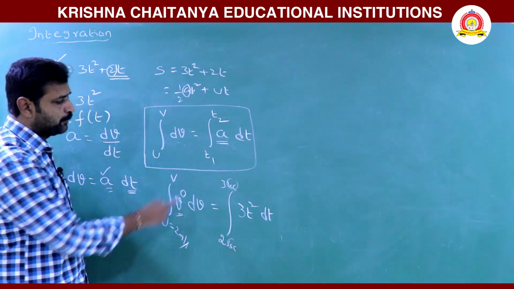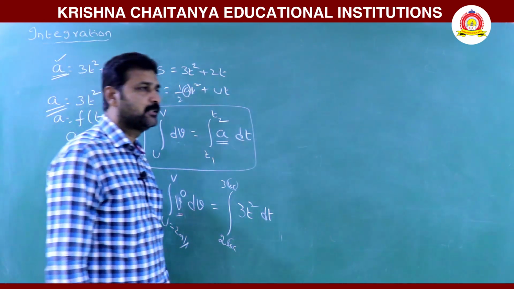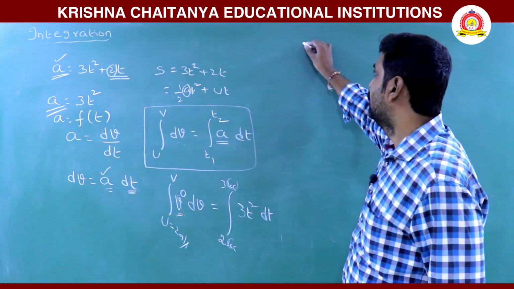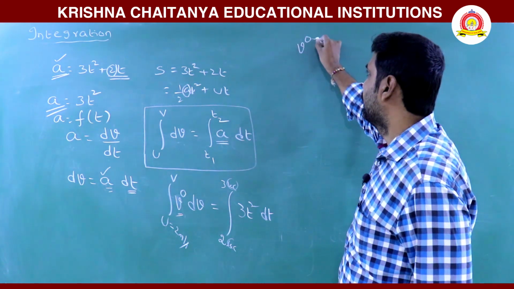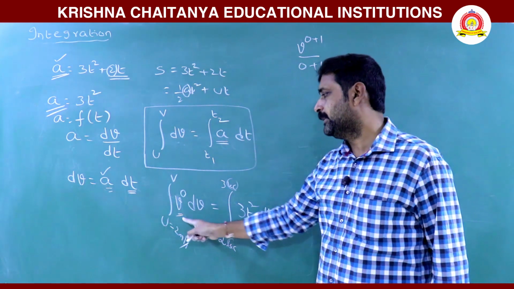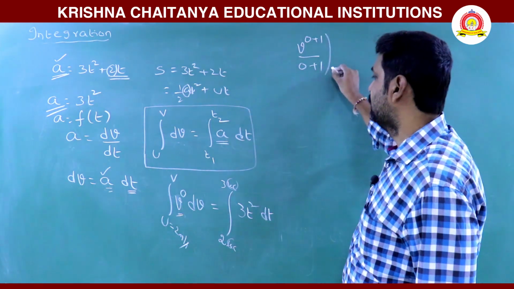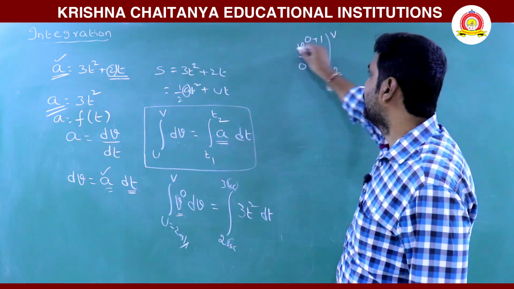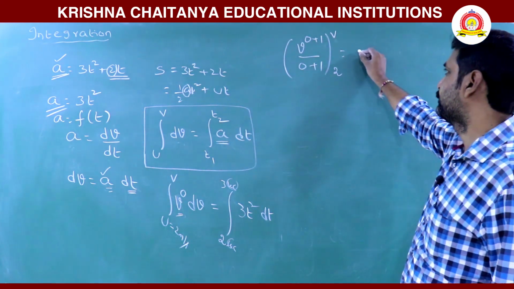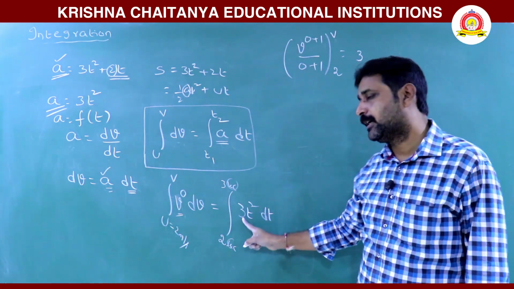This is in the form x power n dx, which can be written as x power n plus 1 by n plus 1. So v power n plus 1 by n plus 1. This is 0 plus 1 by 0 plus 1. Limits are 2 to v. Final value to be determined. Here this 3 is constant.